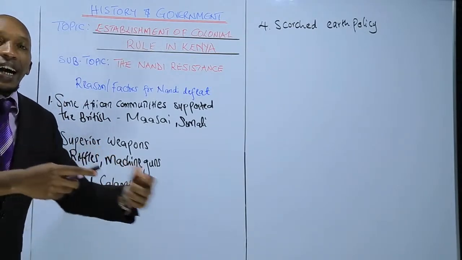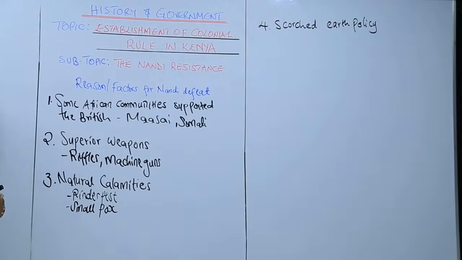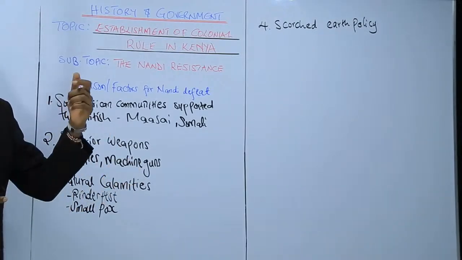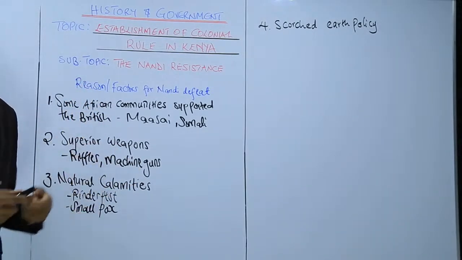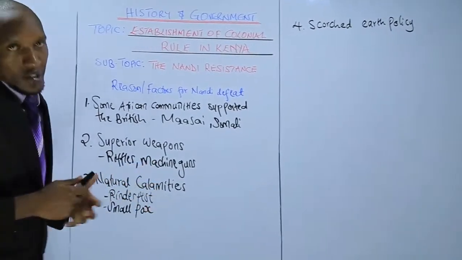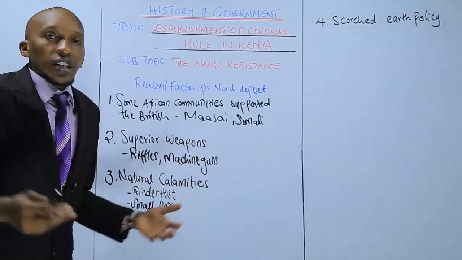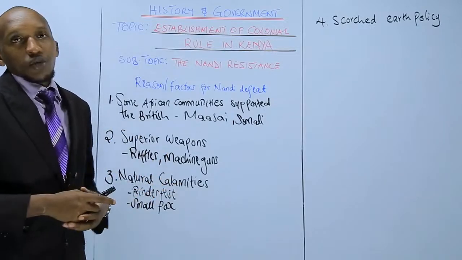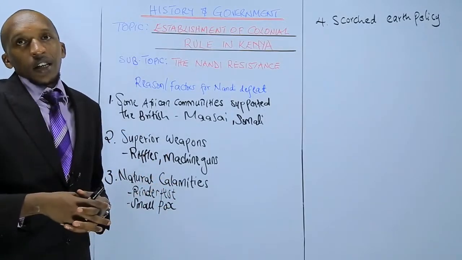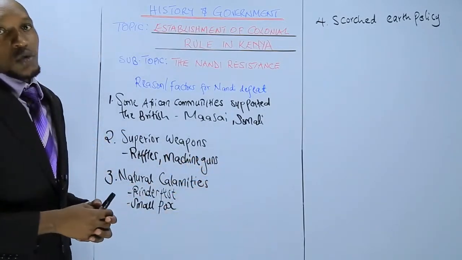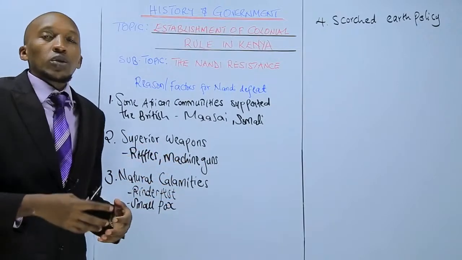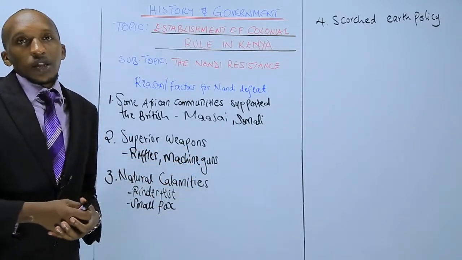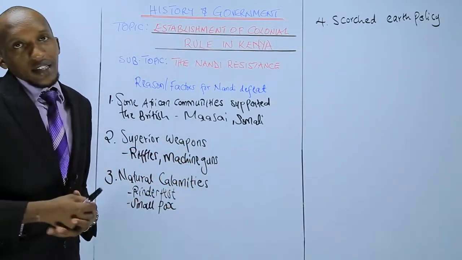They would come and attack the British and then run away from their homes to go and hide in the mountains, to go and hide in the forest. So they left their homes unattended. So when the British came together with their collaborators, they would burn down their crops, they would destroy their silos, they would destroy their granaries.